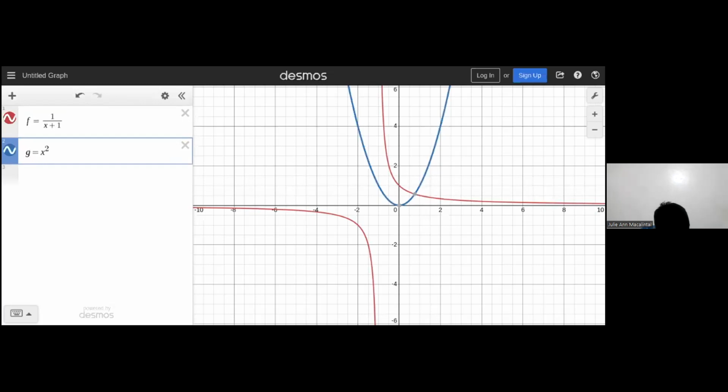Okay, did you write it down? So what are the sum and difference? f plus g, f minus g, f times g, f over g, and the compositions, f circle g and g circle f.